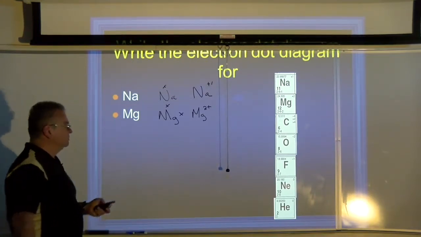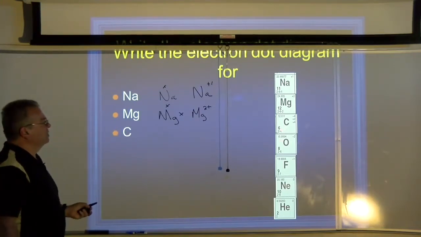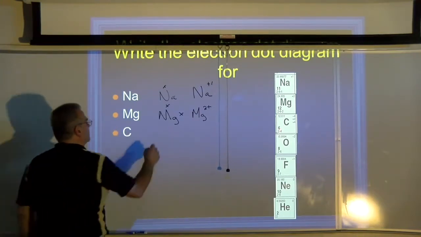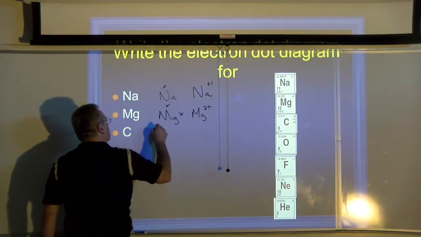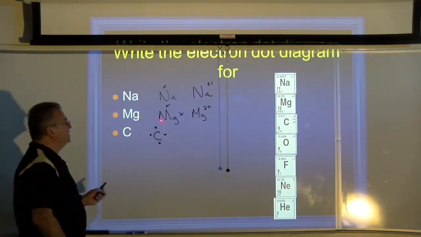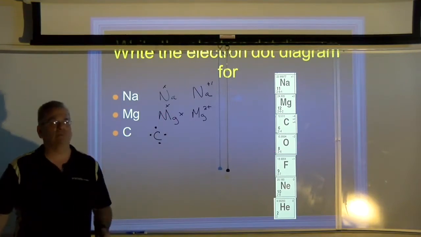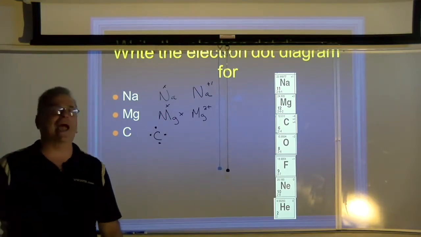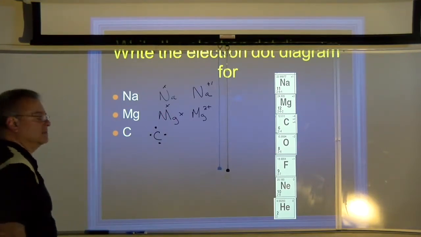Okay, the next one, carbon. Well, carbon has 4 valence electrons. Carbon's a nonmetal, so we're going to use dots. I like to put 1 on each side because it tells me that carbon can form a maximum of 4 bonds.